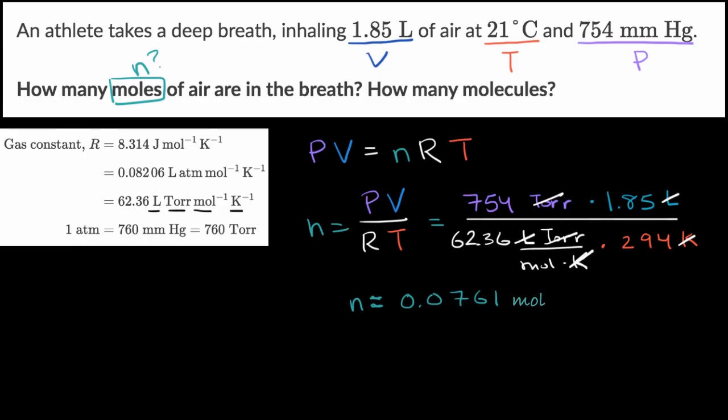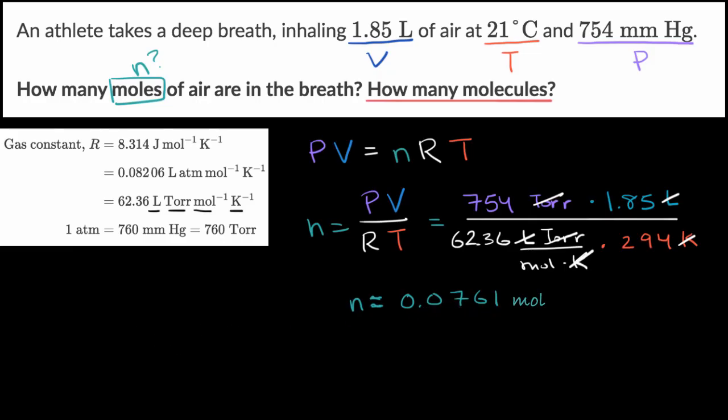Now the next question is, how many molecules is that? Well, we know that each mole has roughly 6.022 times 10 to the 23rd molecules in it. So we just have to multiply this times 6.022 times 10 to the 23rd.